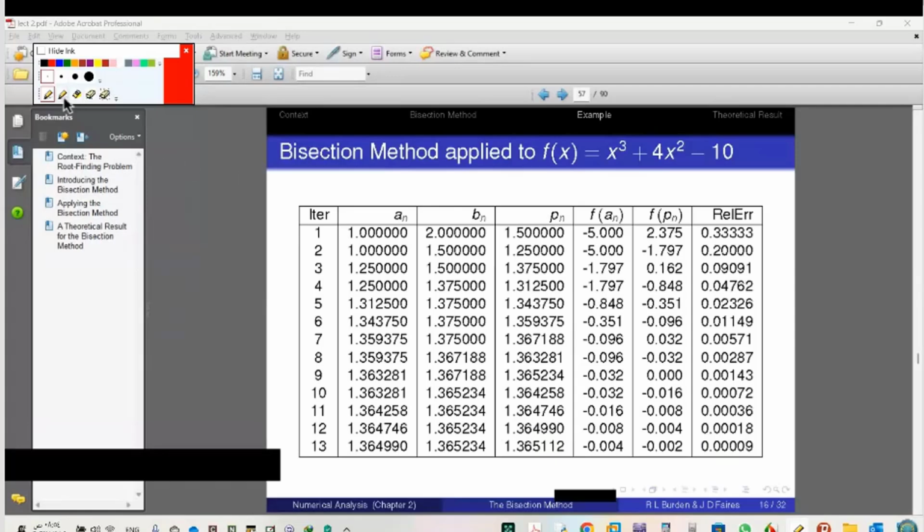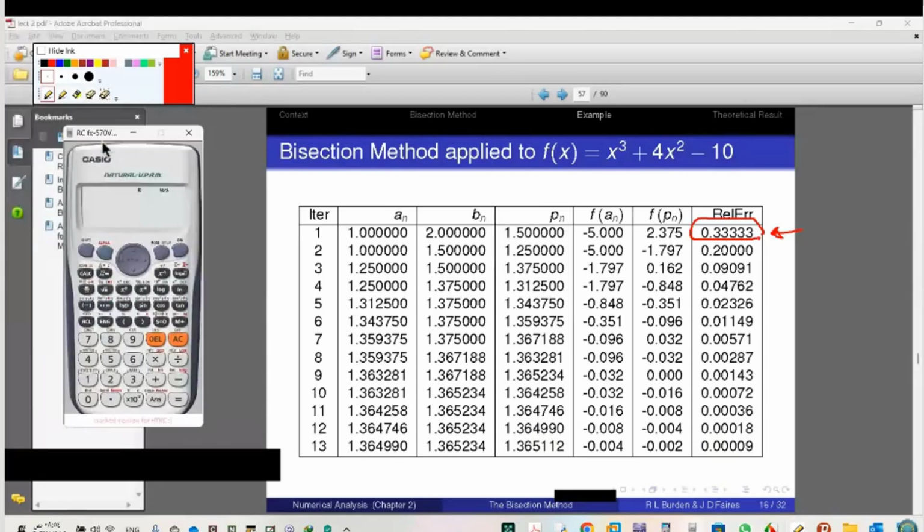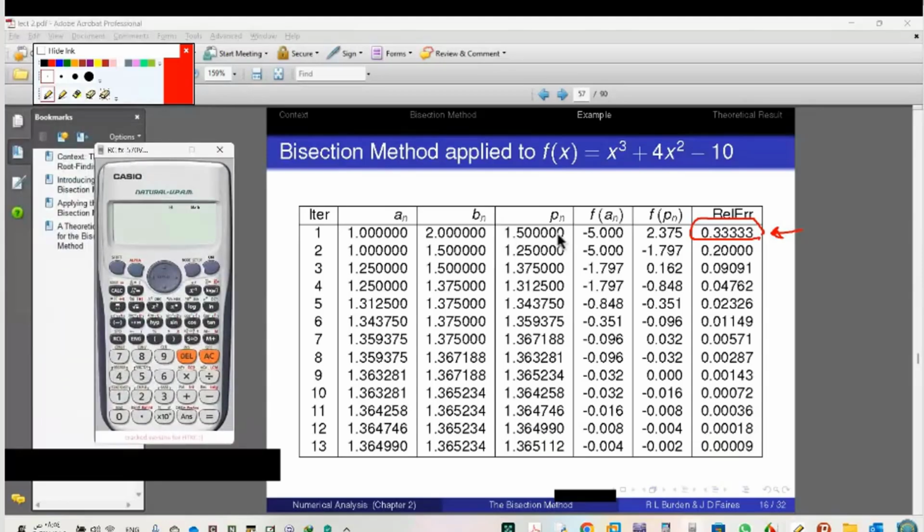Okay. Let's start to calculate for the first point and for the others. For the first point, this is the calculator. In UP, it is 1.5.